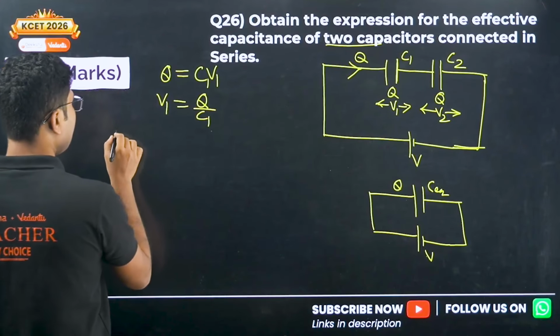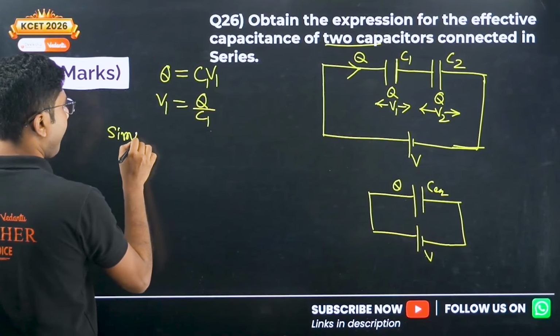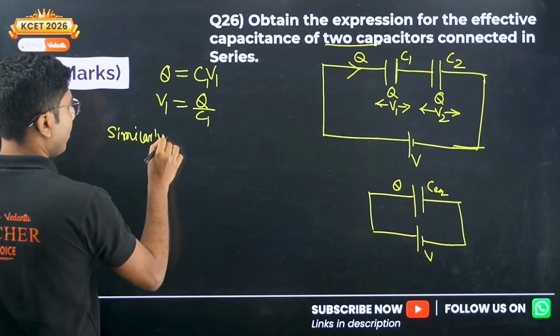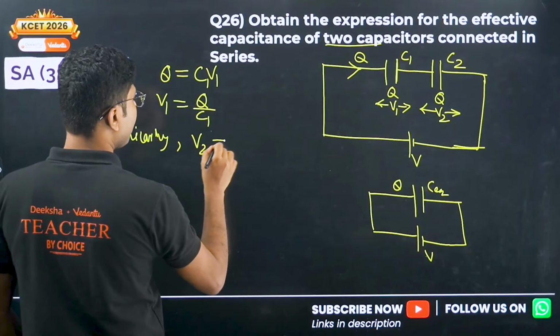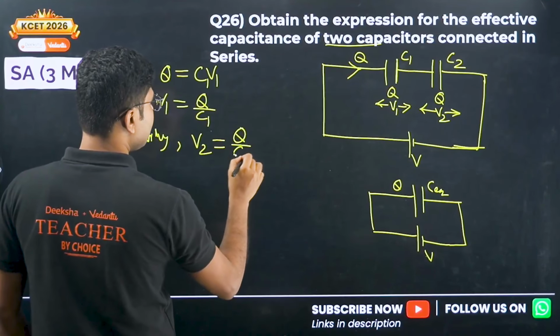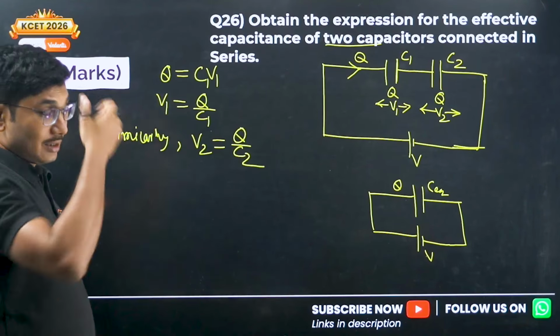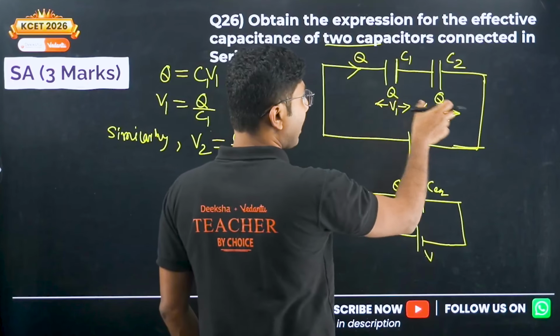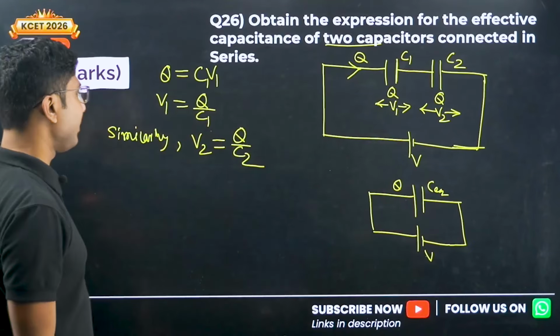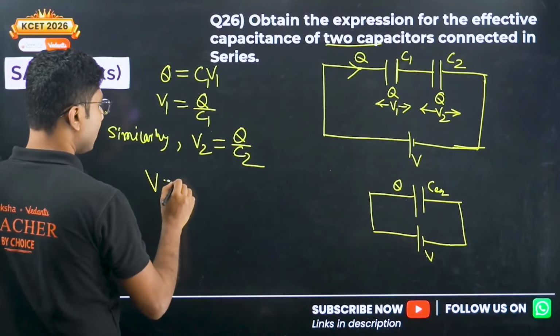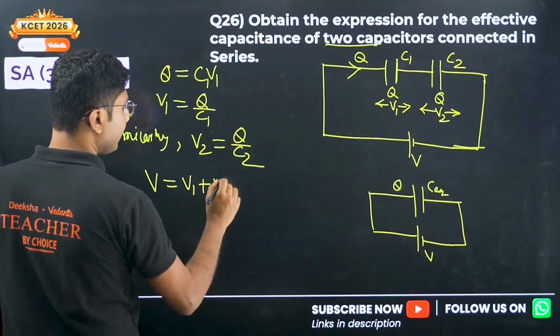Similarly, for the second capacitor, we can write V2 equals Q upon C2. Now this is the voltage across these two capacitors, and you have applied only one external source, that is V. So that means V must be equal to V1 plus V2.